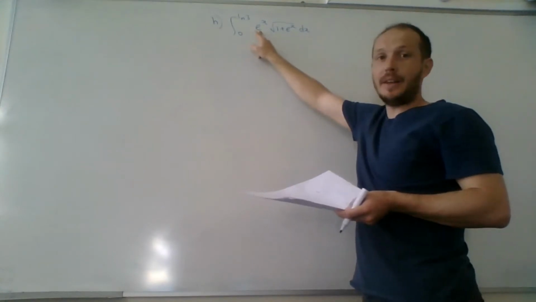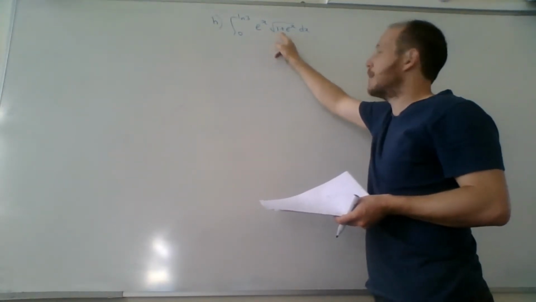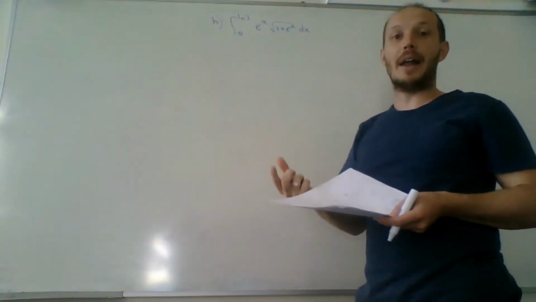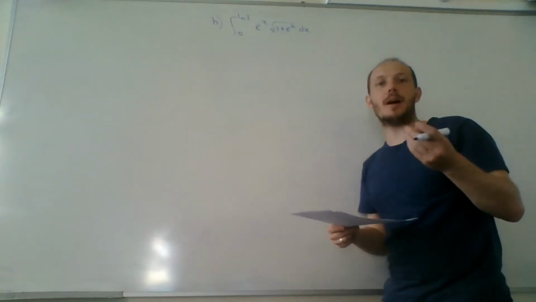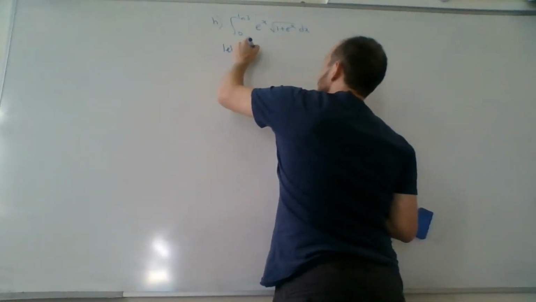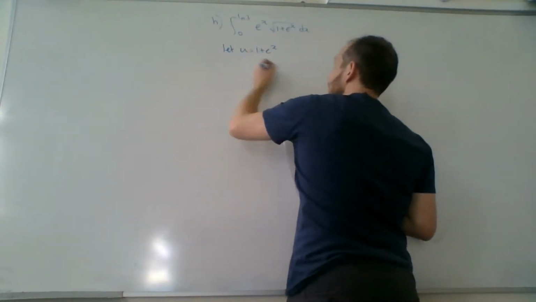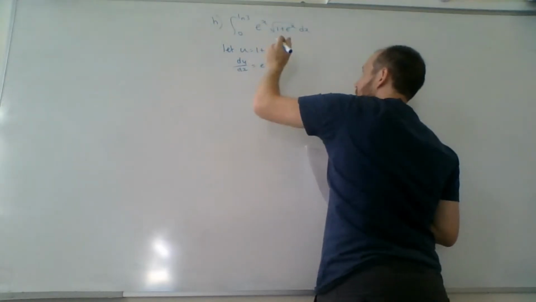If we pick this one, the derivative would be e to the x, but it wouldn't be 1 plus, and we can't add a 1 to our derivative. We can only multiply by a factor. So I'm going to say let u equal 1 plus e to the x. So du dx is equal to e to the x, which is our other part.